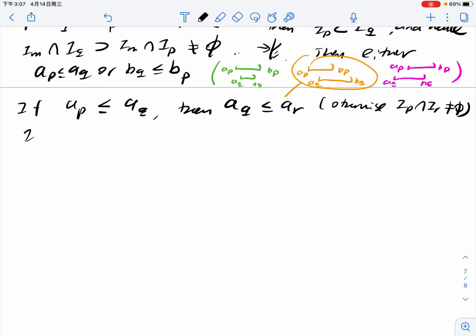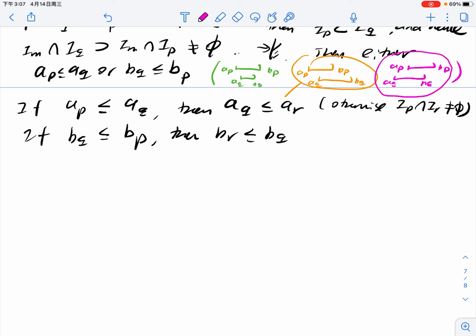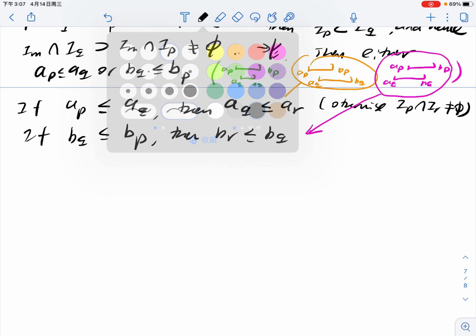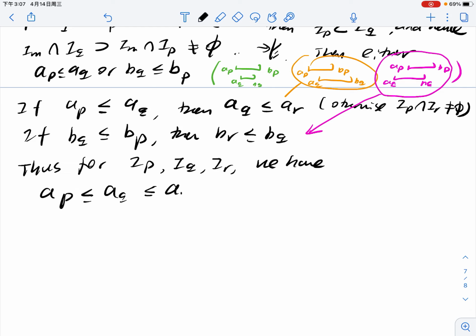And similarly, if AQ less than or equal to BQ less than or equal to BP, then BR less than or equal to BQ. We have the pink situation, and thus for IP, IQ, IR, we have AP less than or equal to AQ less than or equal to AR, or BR less than or equal to BQ less than or equal to BP.